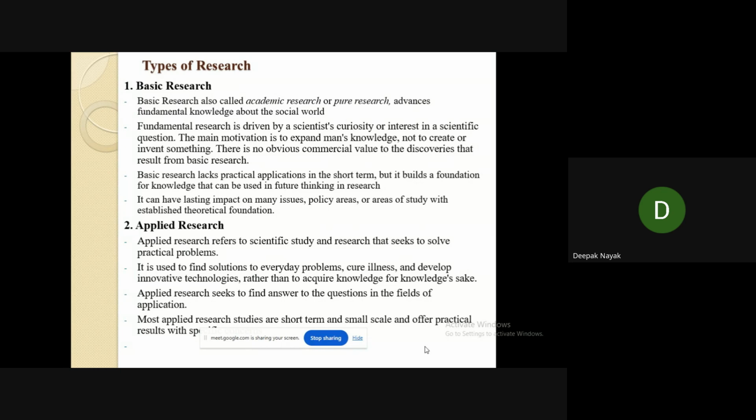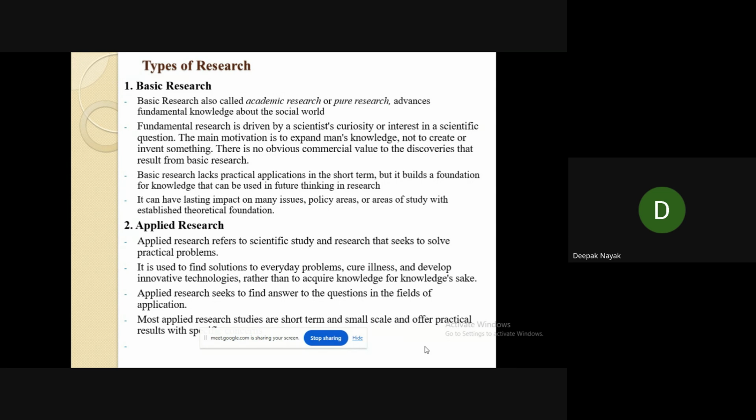But later on, in the coming decades, in future research, they formulate the foundation for knowledge and research in different areas. That's what basic research, or pure research, or academic research, or fundamental research is; all these come under the same category of research.